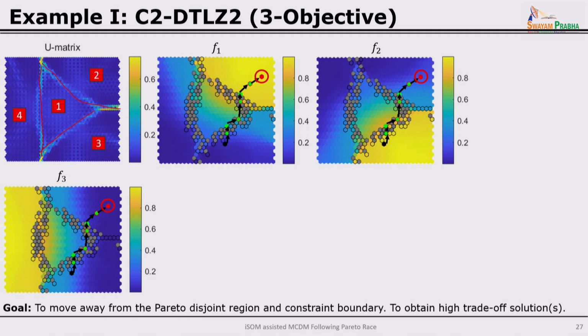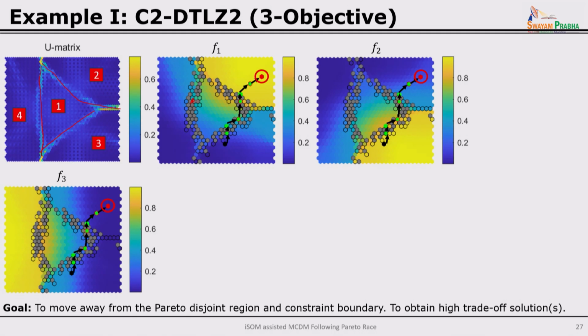All the hexagons with a black color boundary are the indicator that there is a gap in the Pareto front. Now the gray color cells that you are seeing in all the plots say that the corresponding solutions are very close to the constraint boundary. And of course, you can see the interaction between f1, f2, f3.